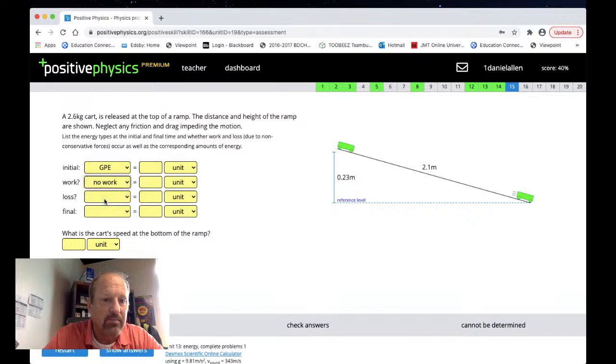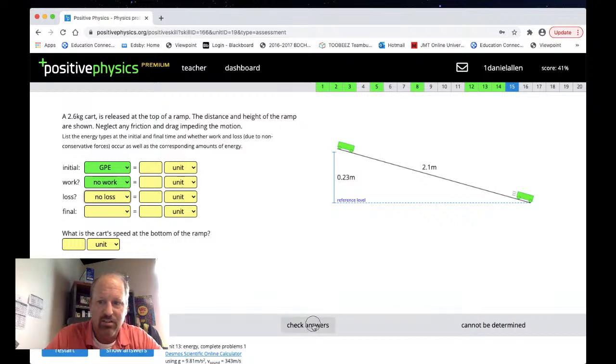No work, because we're neglecting friction and drag, and work has to be a force directed in the same parallel direction as the movement or the acceleration. No loss, because we're neglecting friction and drag.